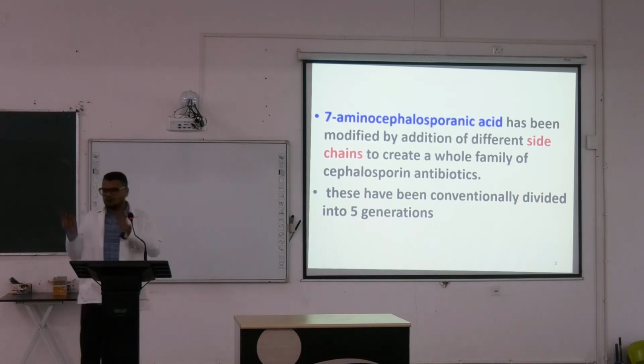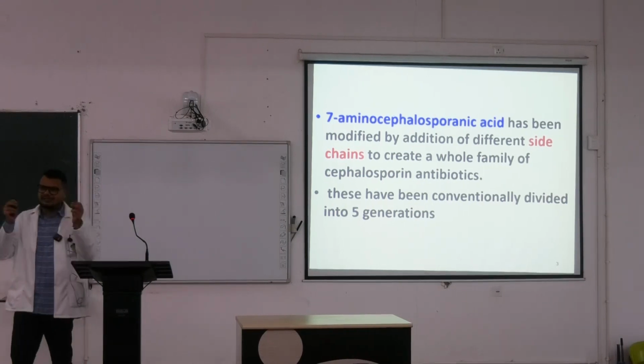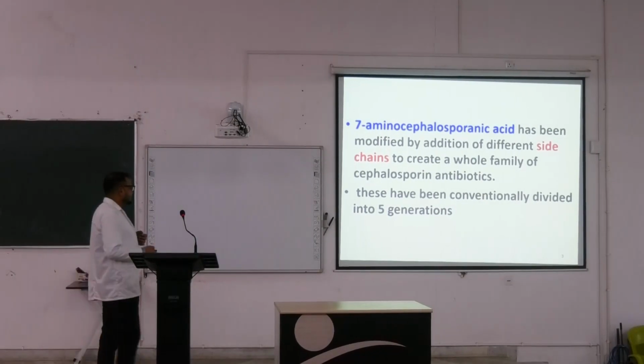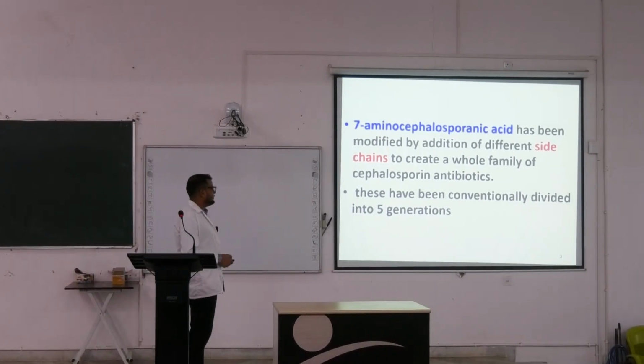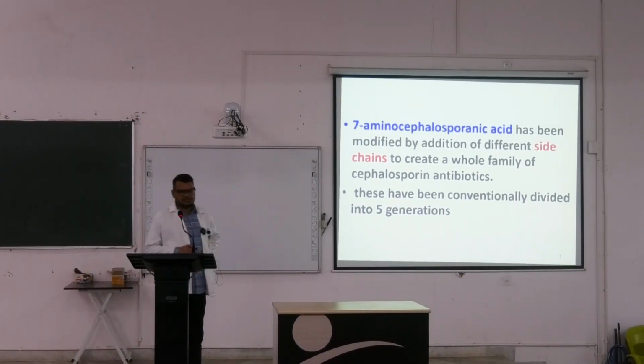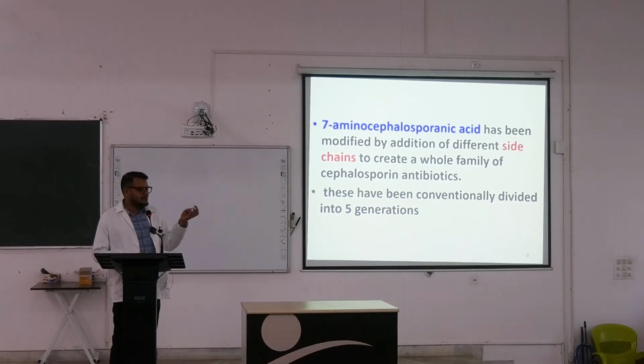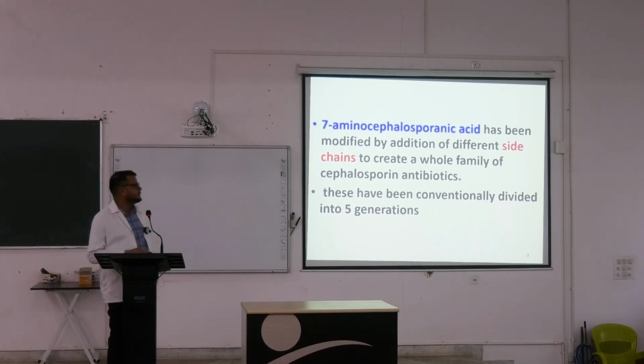So that is the basic molecule, and we are adding various side chains to it and creating various new antibiotics. These have been conventionally divided into 5 generations. That is first generation, second generation, third generation cephalosporin, fourth generation, and lastly there is the 5th generation, latest.